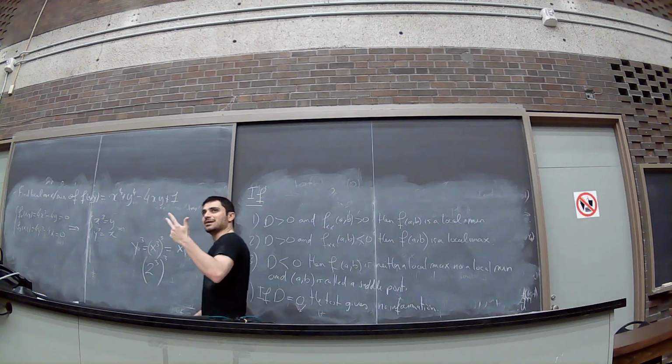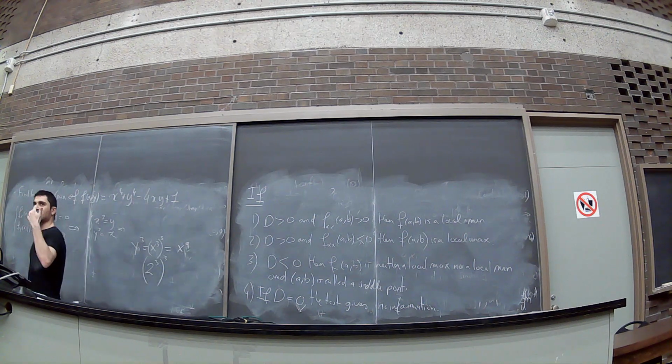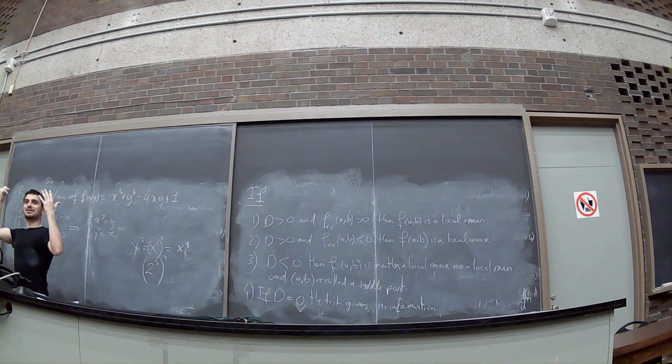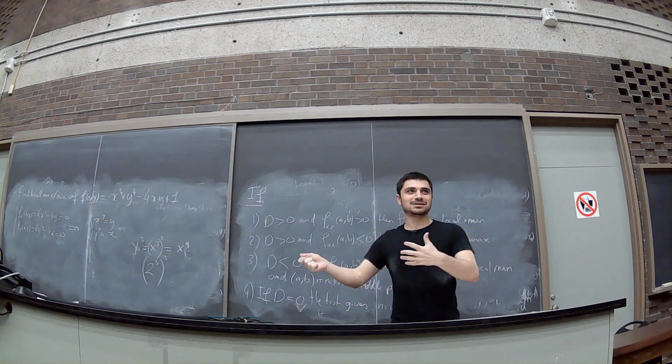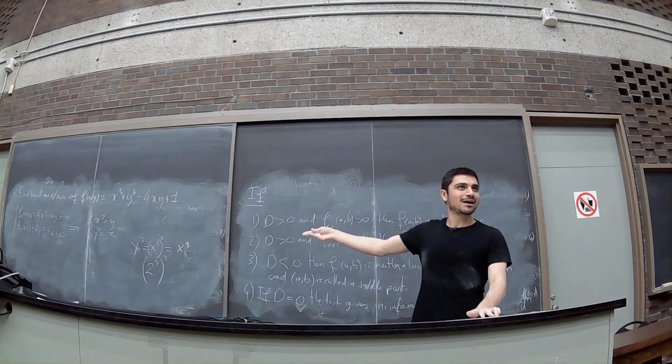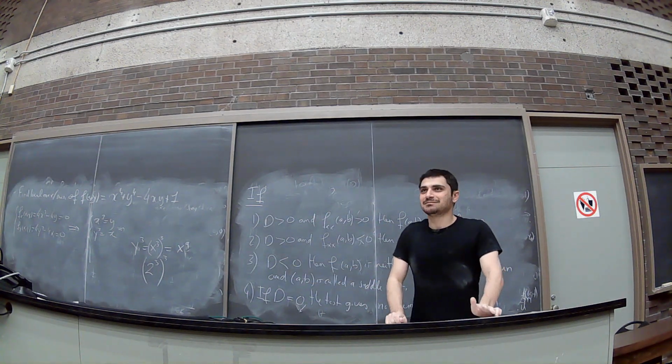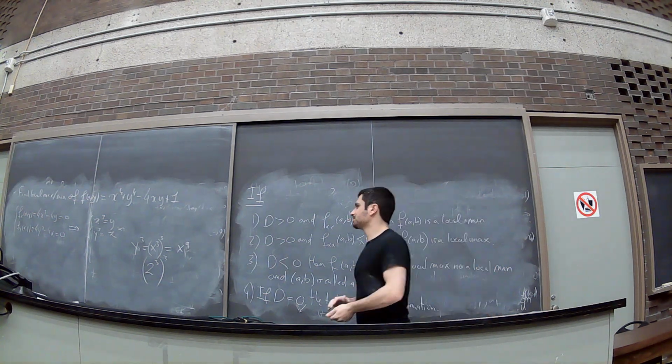Times 2, 8. 2 to the 4, 16. 32. 64. 128. 256. 512. Right? This is how we check it. If I forget anything, I plug in a number, and then we check. Okay?